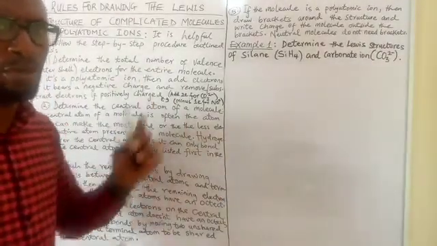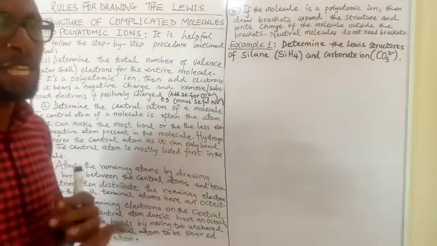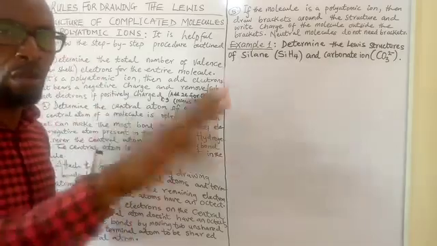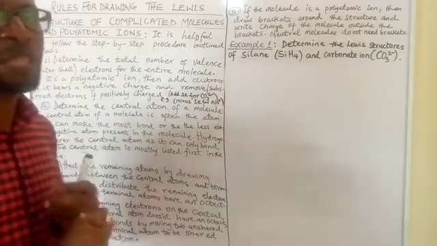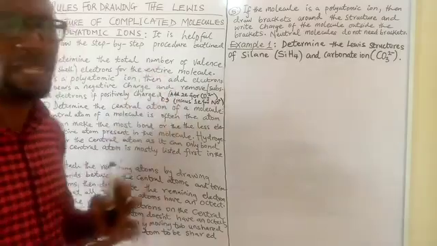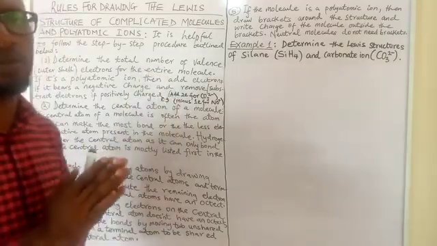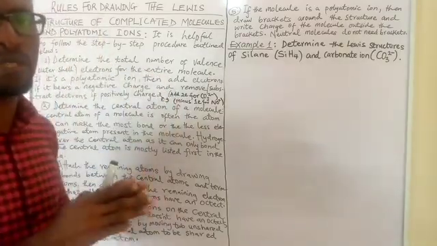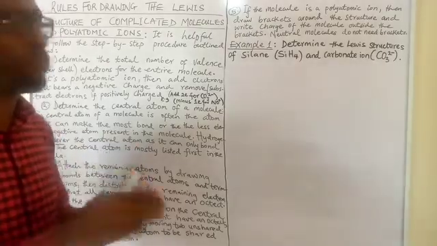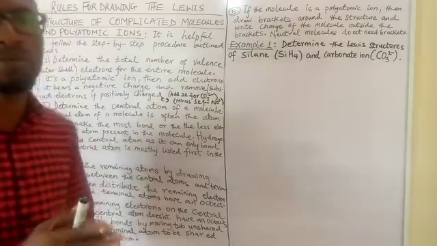So pay attention to the charge. If it's +2, it means that particular molecule lost 2 electrons. Therefore, in calculating the total number of valence electrons in such a molecule that has a +2 charge, you subtract 2 electrons from the total number of valence electrons.